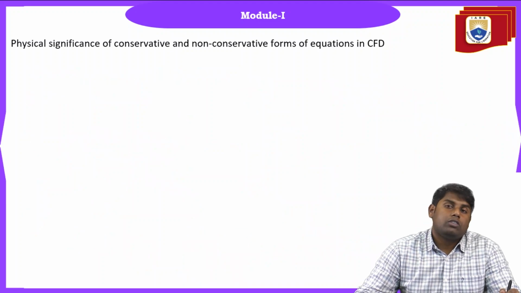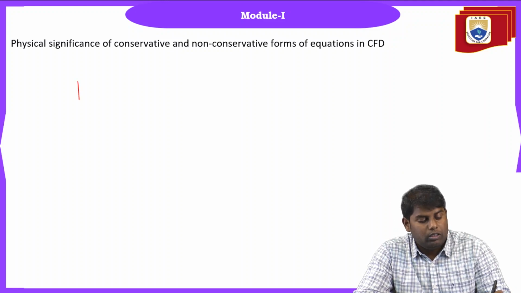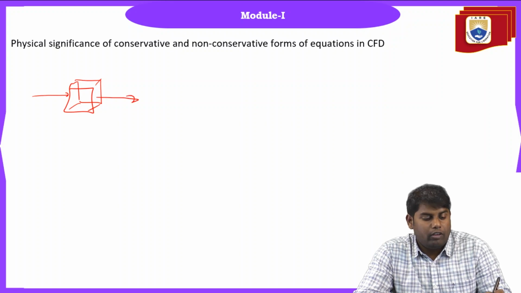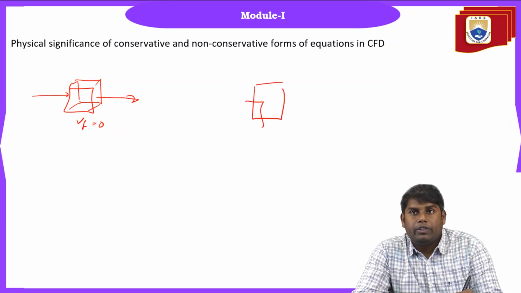Next, we have one more approach called the fluid element approach. Here you can take this as fluid. The velocity of the fluid particle here, let us take this as 0, and the other one you can take as Vf not equal to 0.